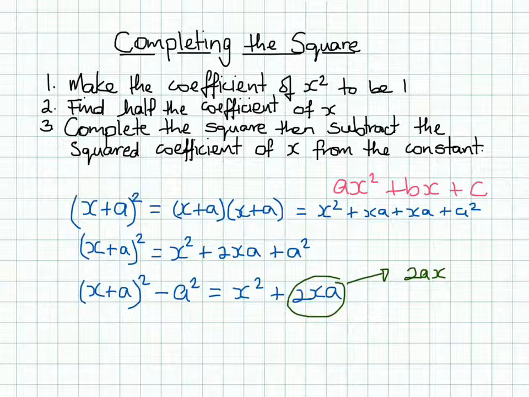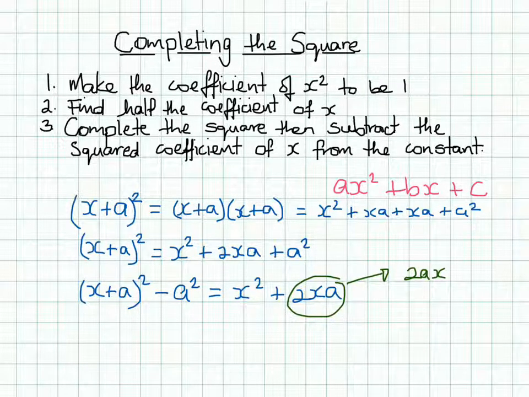Now look at it carefully. I've got x squared and I've got 2a times x. In the bracket, I've got x from my x squared, and I've just got a. Now a is really a half of 2a, because half of 2a is 1a. And on the end, I've squared that 1a and subtracted it back out. So that's basically completing the square. So I've completed the square.